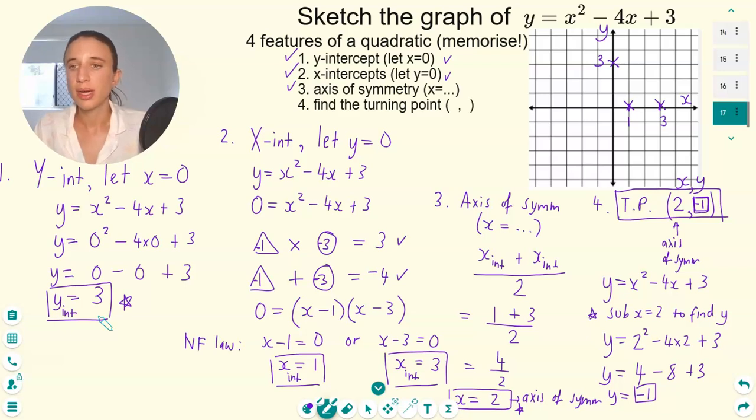So let's actually put our turning point. The point 2, negative 1 lies here. So TP 2, negative 1. And I can draw a line through those features.